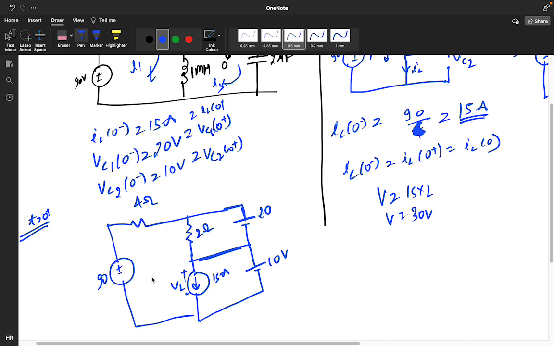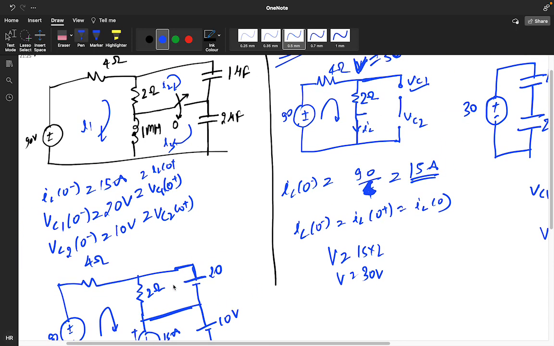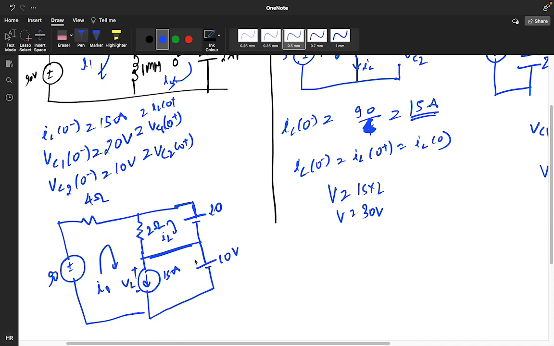So guys, now you need to find the values of I1, I2 and I3. You can easily find them, it's not a very big deal. See, the overall voltage will be 20 plus 10, because it is shorted.